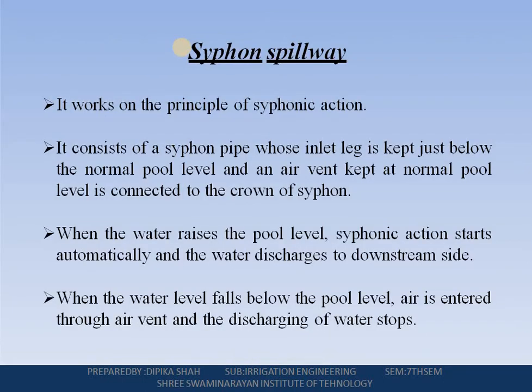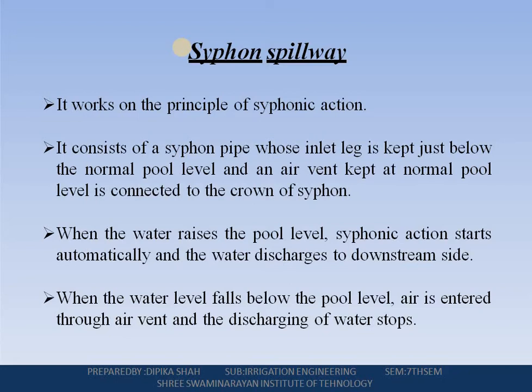The next type of spillway is the siphon spillway. It works on the principle of siphonic action. There are two types of siphon spillways: the saddle siphon spillway and the volute siphon spillway. It consists of a siphon pipe whose inlet leg is kept just below the normal pool level, and an air vent kept at normal pool level is connected to the crown of the siphon.